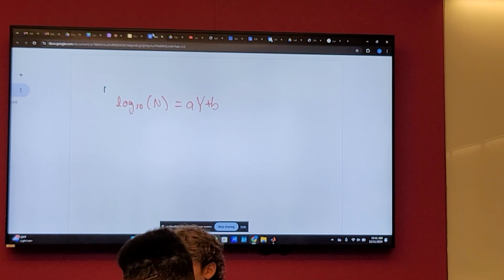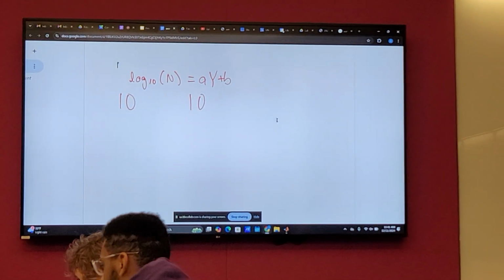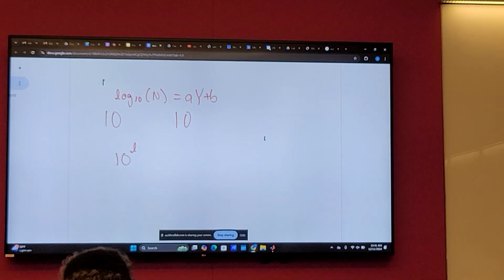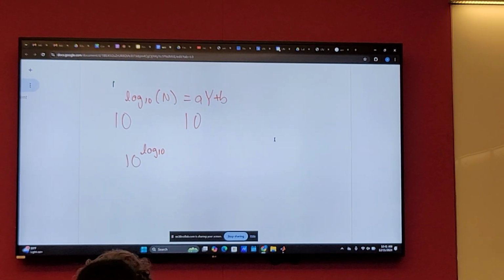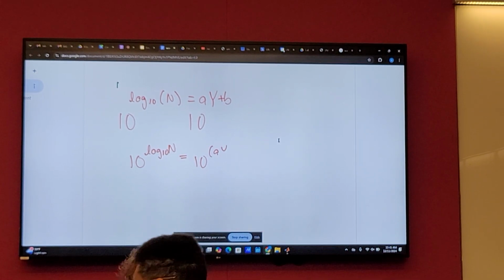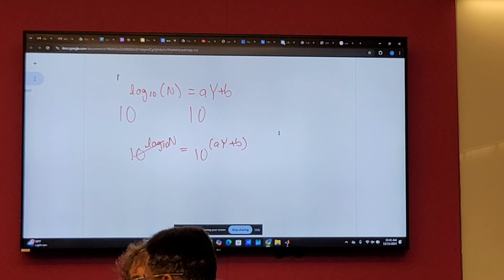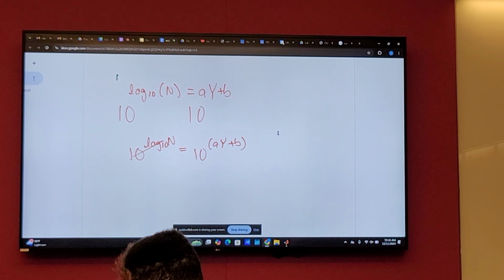Then we'll take 10 to the power of both sides, like this. We will have this equation: 10 to the log base 10 of n equal to 10 to the ay plus b. These cancel out when you have a logarithm in an exponent.